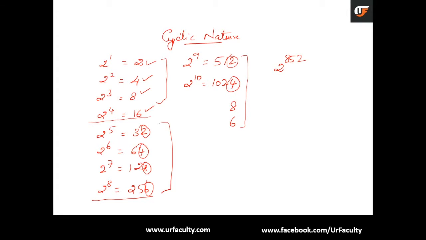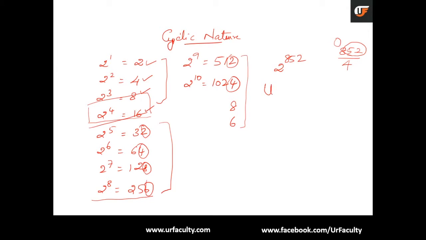It's very simple. Divide 852 by 4. What do you get? We know from our divisibility test that 52 is divisible by 4, and hence you get a remainder of 0, which means 852 is divisible by 4, and in that case the expression that we need to look for is 2 power 4.